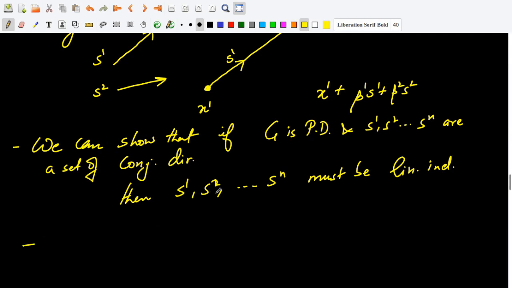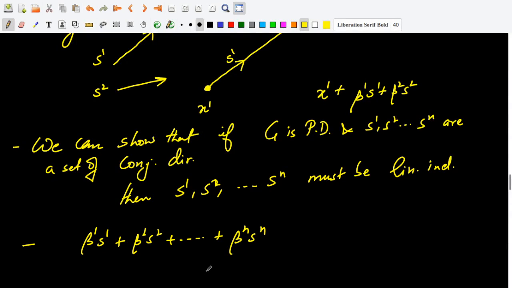Now since these are linearly independent, if I look at beta 1 S1 plus beta 2 S2 plus up to beta n Sn and look at all possible combinations of beta, I will cover all points in Rn by choosing different values of beta.